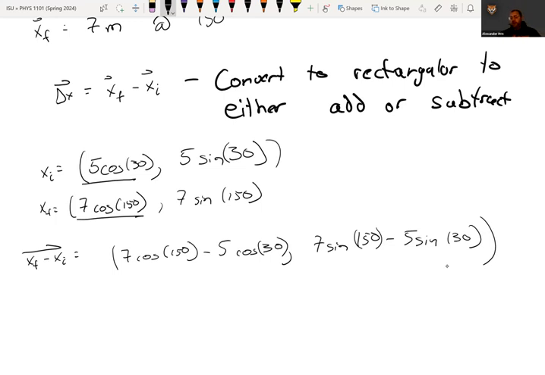But this bit of vector analysis you will want to know. Again, break them into components, add or subtract them, and know that in order to add or subtract, you have to break them into components. And then last thing, if you're given components, know how to convert that to polar form.